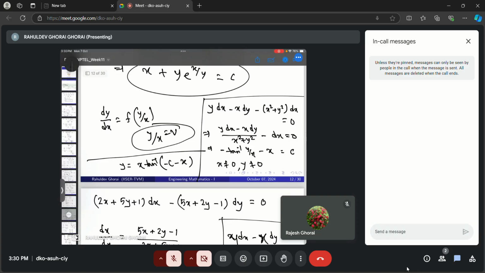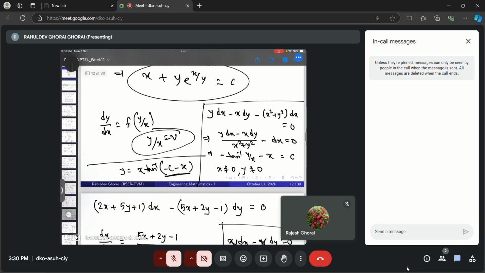So minus c minus x also has to be not equal to 2n plus 1 times pi by 2. If minus c minus x is equal to 2n plus 1 times pi by 2, then tan will blow up. Tan of pi by 2 blows up, right?